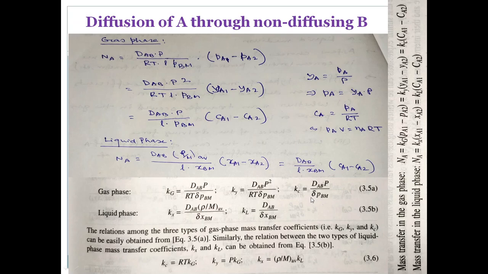You know how to calculate the transfer coefficient: transfer coefficient is equal to what? K, thermal conductivity, by delta. Thermal conductivity is known, but getting accurate delta from theory is not possible.